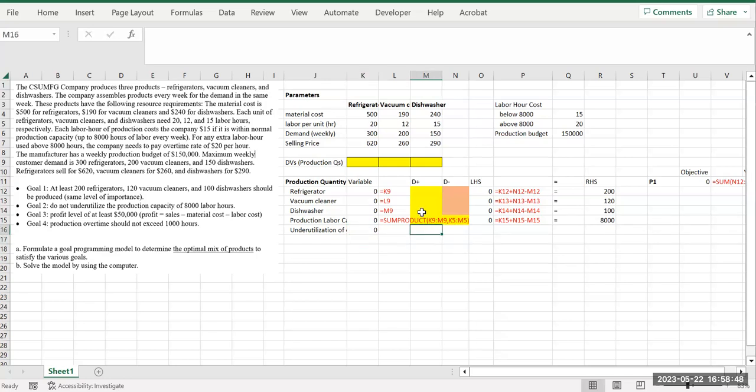And again, here, Control C, Control V. I'm just trying to copy the format, nothing else. And then LHS is the same, always: variable of interest minus positive deviational plus negative deviational equals the target. The target for underutilization is 0.